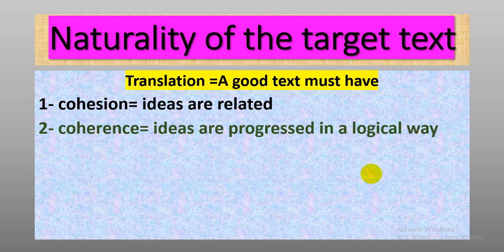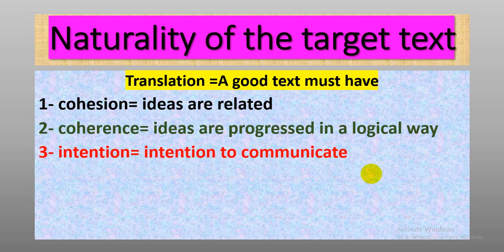So here you have to keep in mind we need cohesion and we need coherence. Cohesion and coherence are very important to call a group of words a text in any language. Number 3, there must be some kind of intention.